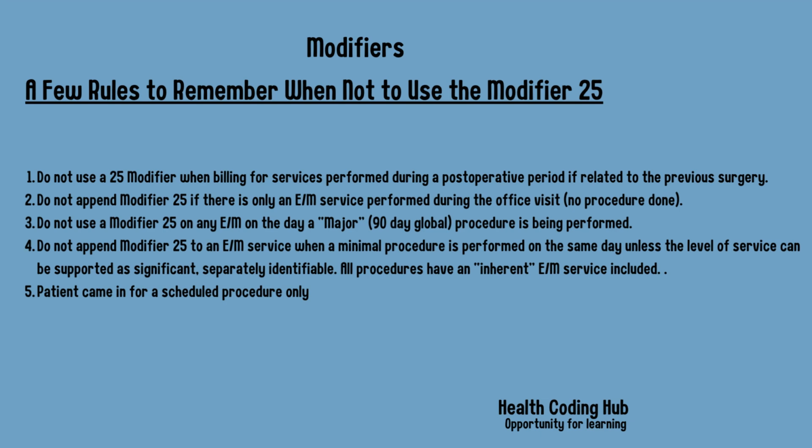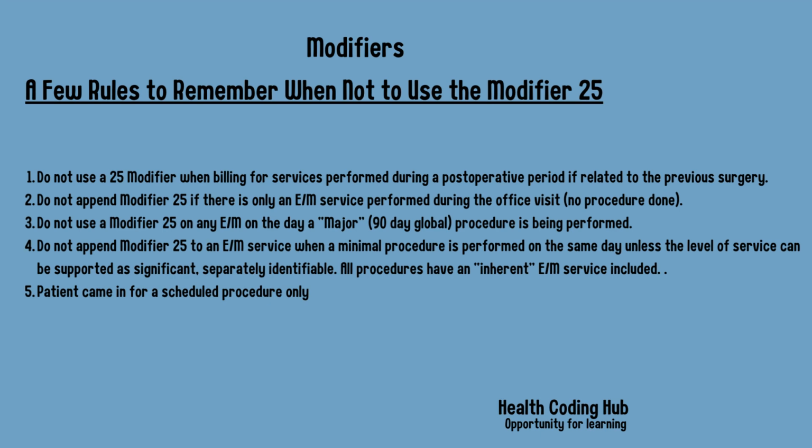Do not use modifier 25 on any E&M on the day a major 90 days global procedure is being performed. As discussed earlier, modifier 25 can be used only for minor surgeries that belong to the 0 to 10 days global period.